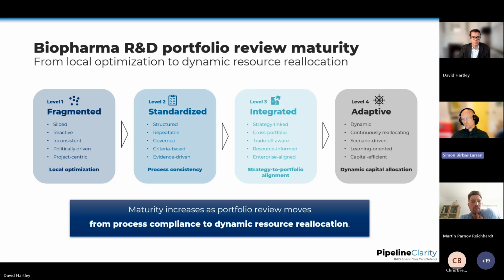And then all the way to the right, we have what we call adaptive, where we have dynamic capital allocation. And we know there are many analysis papers out there. You can see that if a company is good at dynamically reallocating capital, it usually performs better financially and along other metrics. So this is what is to be aspired to, this flexible, dynamic way of doing capital allocation.